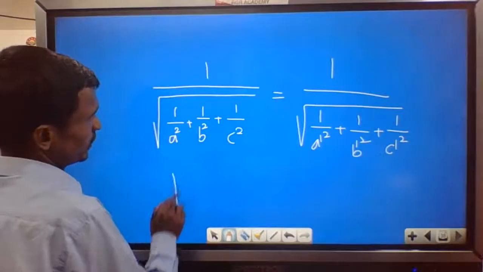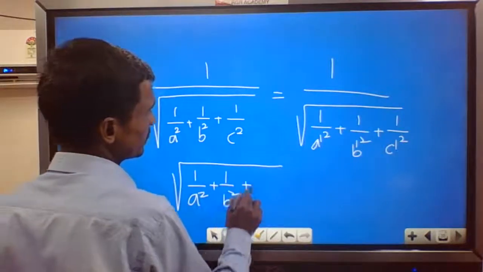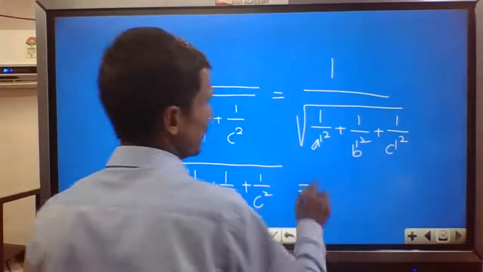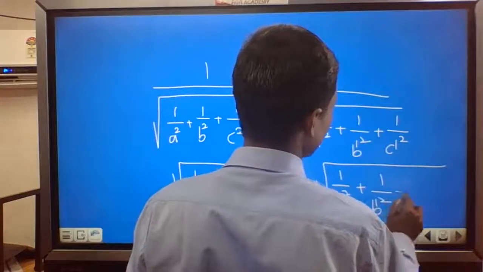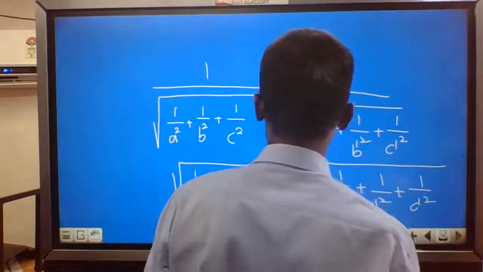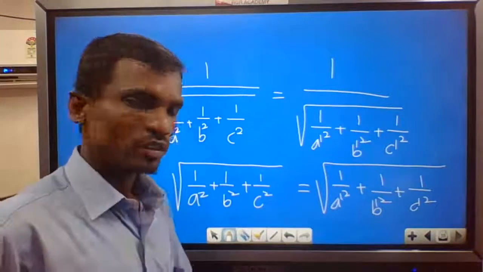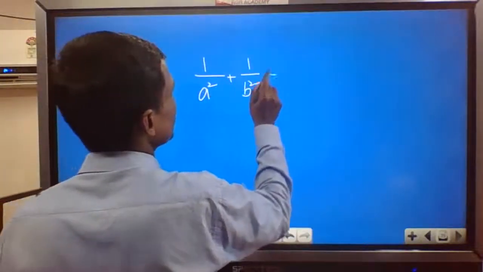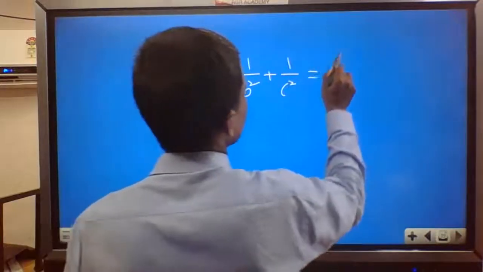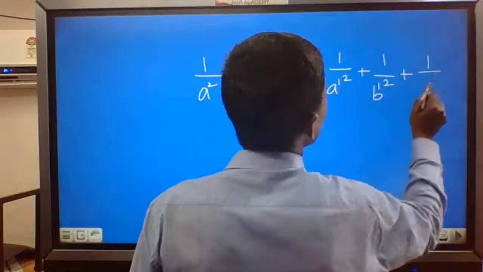And then the root of 1 by a square plus 1 by b square plus 1 by c square equals root of 1 by a' square plus 1 by b' square plus 1 by c' square. On both sides the square roots cancel each other, and then 1 by a square plus 1 by b square plus 1 by c square equals 1 by a' square plus 1 by b' square plus 1 by c' square.